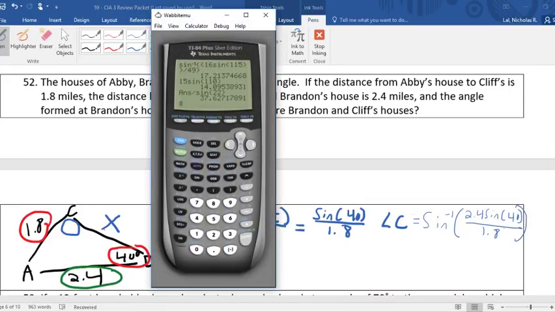So I'm going to take my calculator and find the inverse sine of 2.4 times the sine of 40 all divided by 1.8.